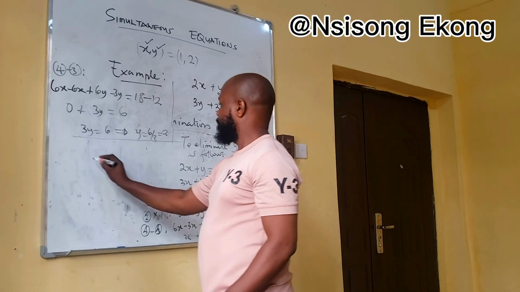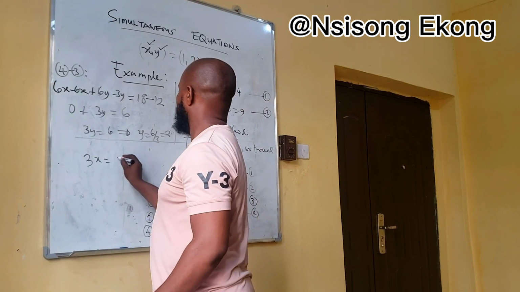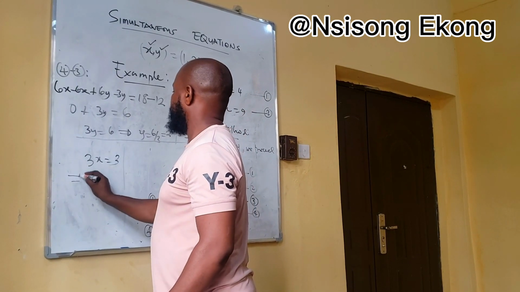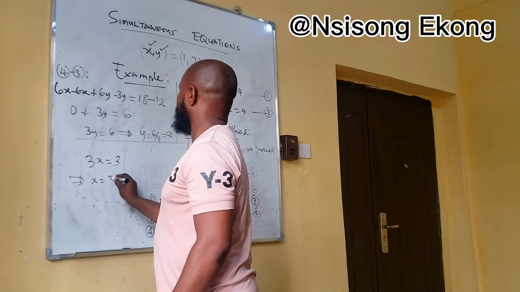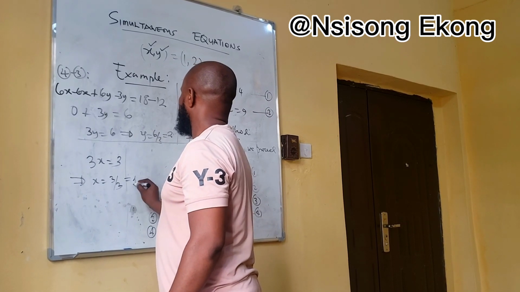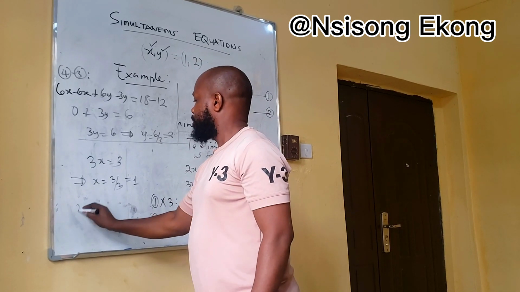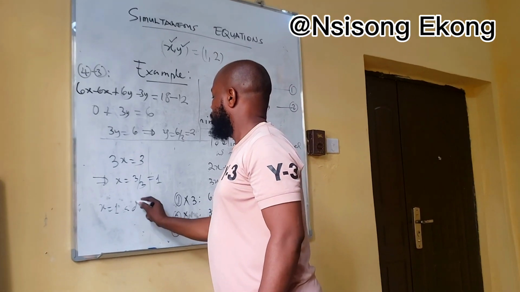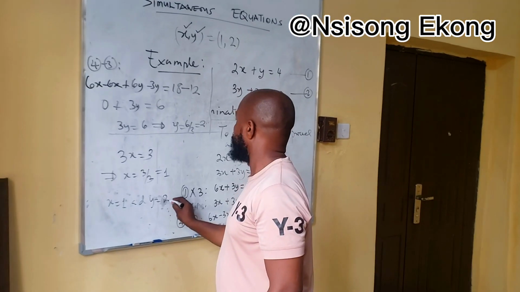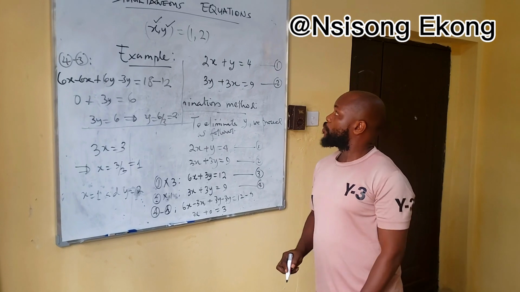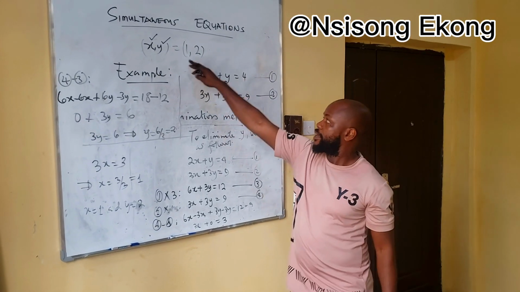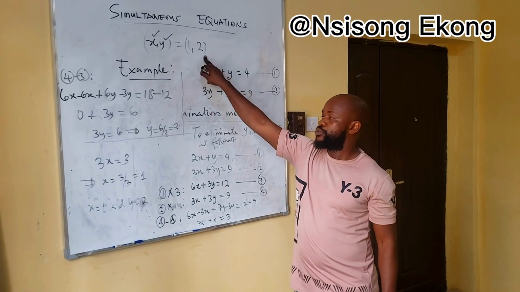So we have 3x equals 3, which implies that x equals 3 over 3, which is 1. So here x is 1 and y is 2. The same thing we had before: x is 1 and y is 2.